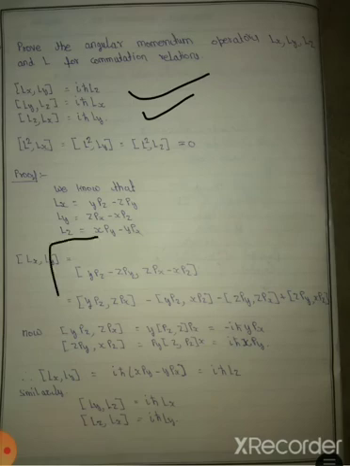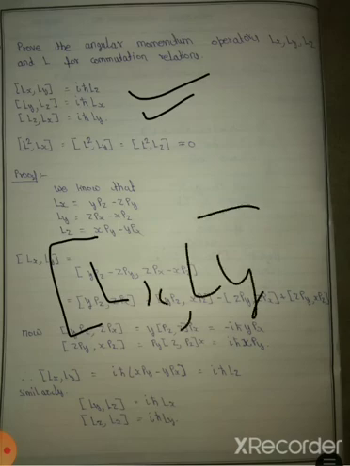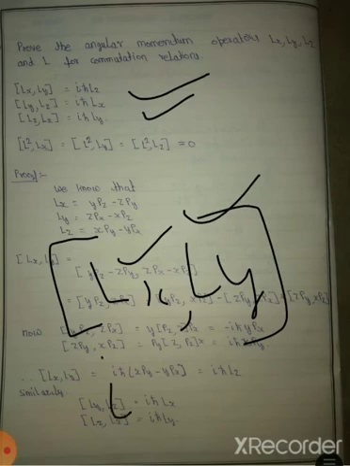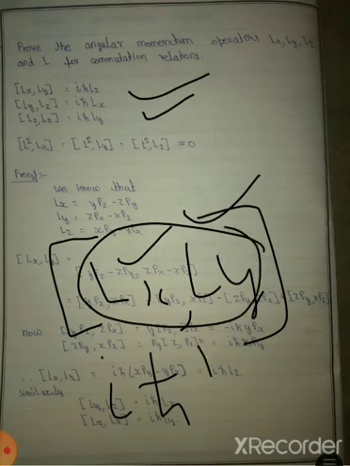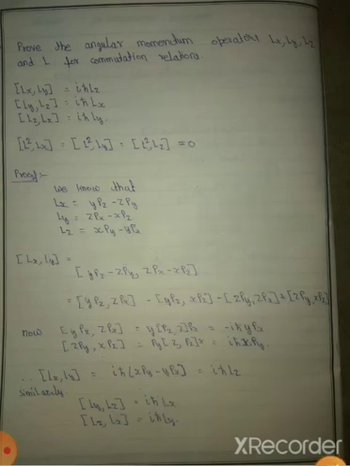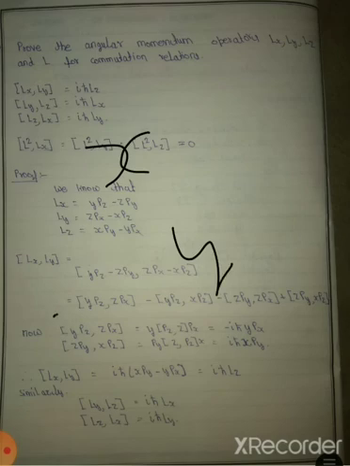How to remember these commutation relations? To remember: in [Lx, Ly], Lx and Ly are present here, iħ, and the z term is absent, so outside is the z term. The plus sign and minus sign depend on our cycle. For example, x, y and z.